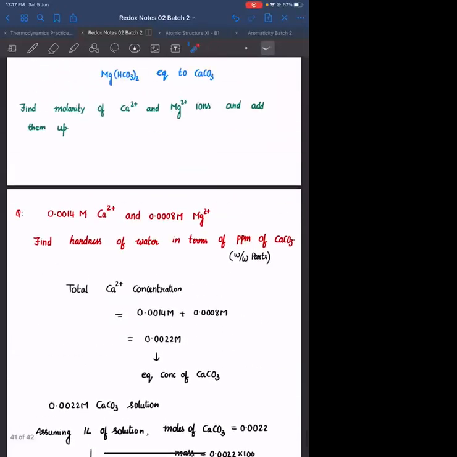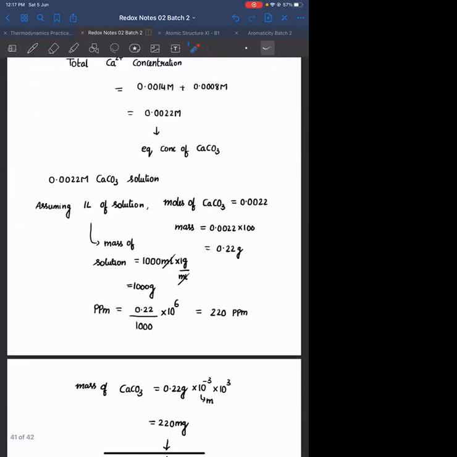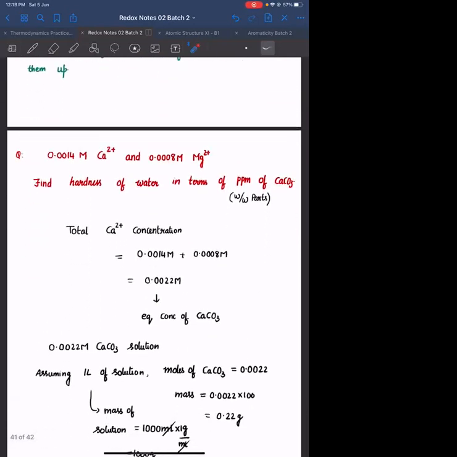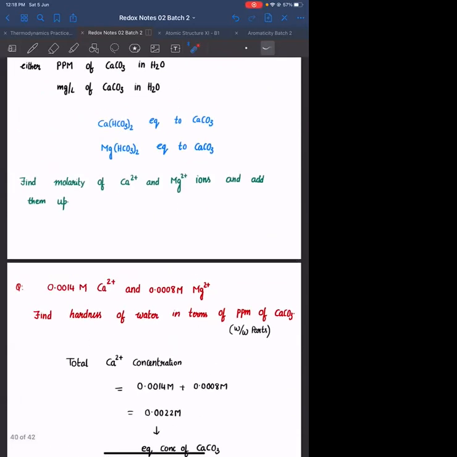So whenever you are asked to find the hardness of water, what we do is, the ions inside the solution can be bicarbonates, chlorides, or sulfates. You need to convert them into an equivalent amount of CaCO3.